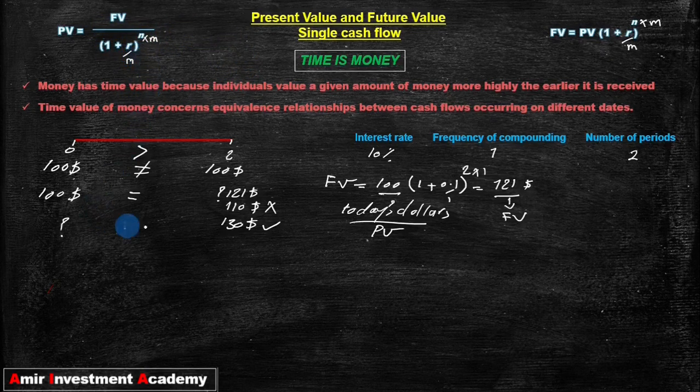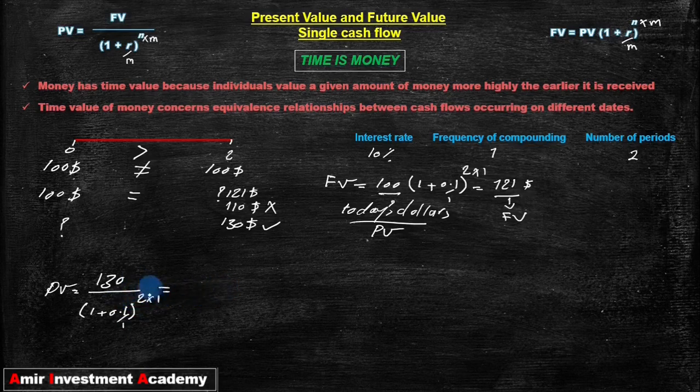So now, going back to the question, $130, how much is it worth in today's dollar? All right, present value equals 130 divided by 1 plus, again, decimal way, 10% to the power of 2.1, just so you can remember that.